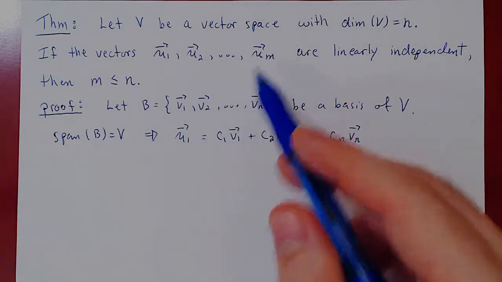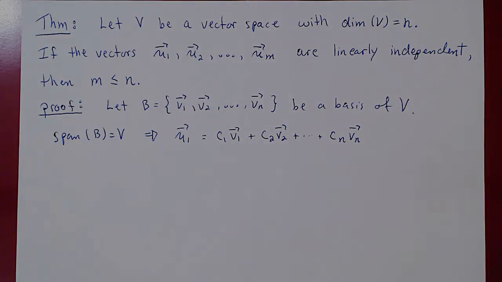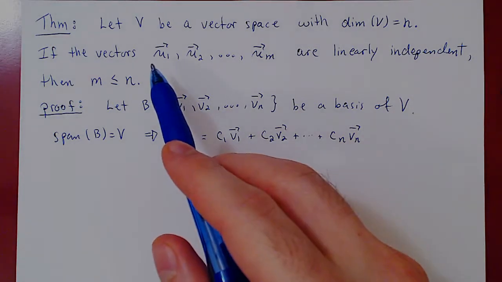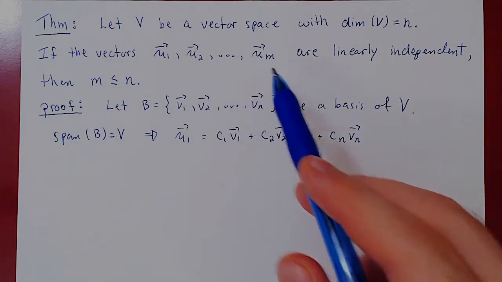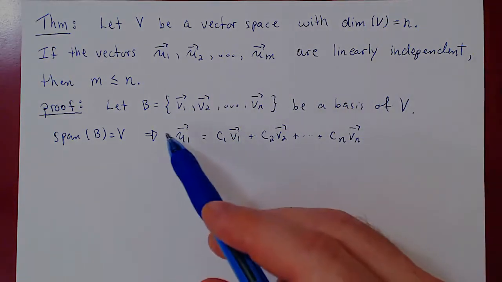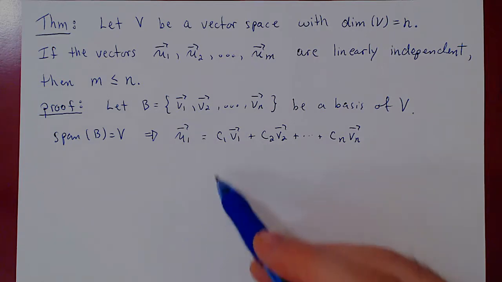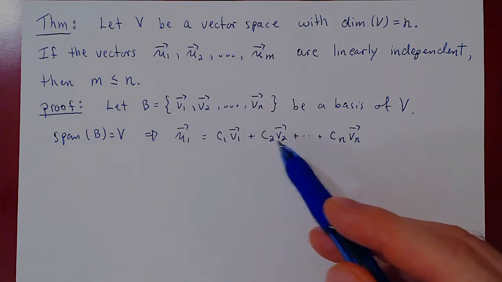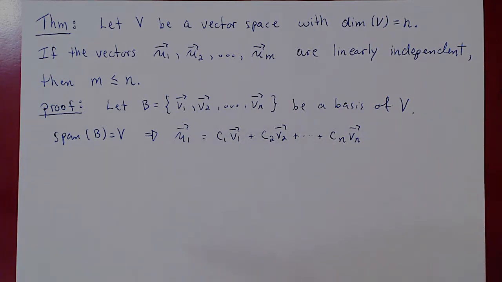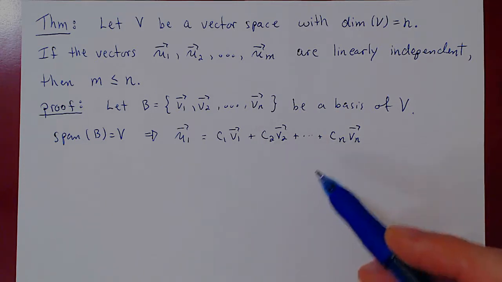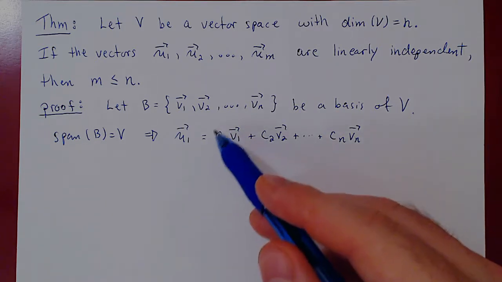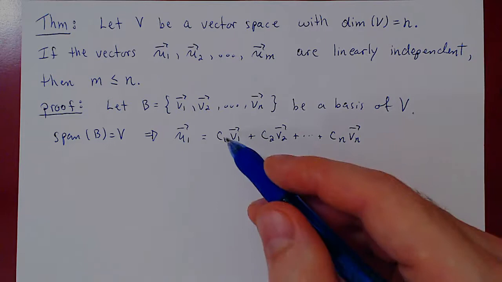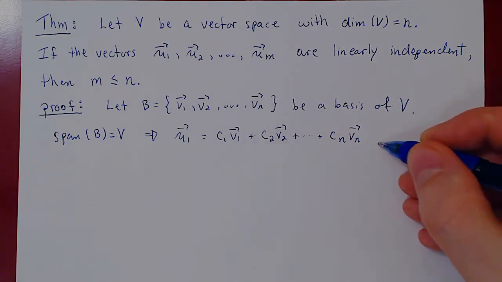But if a set contains the 0 vector, it is automatically linearly dependent. So because by assumption the vectors u1 through um are linearly independent, u1 cannot be the 0 vector, so at least one of the coefficients must be non-zero. Whichever one it is, you can move it up front instead of c1, and so we can assume that c1 is not 0.